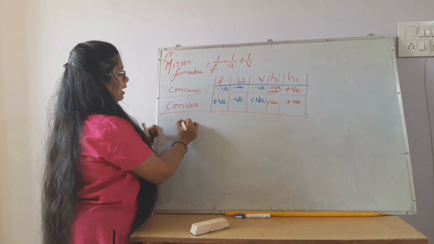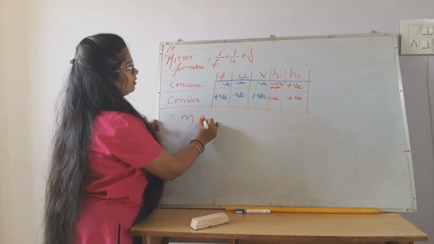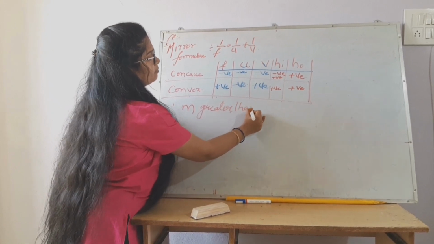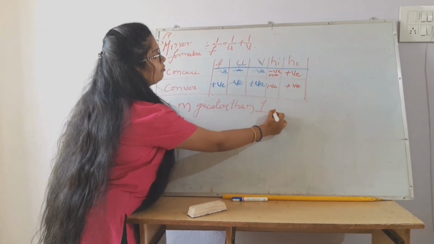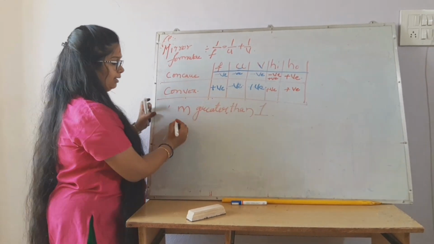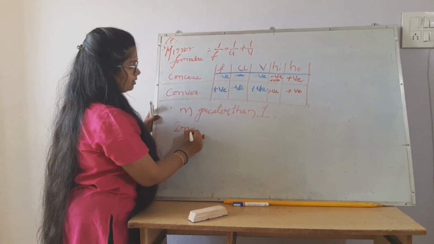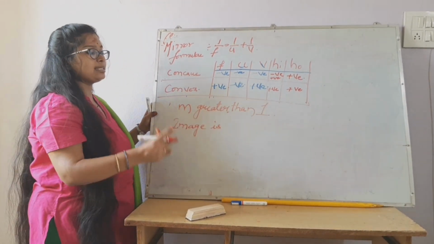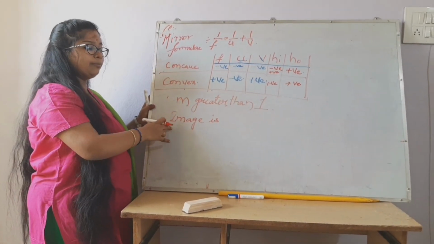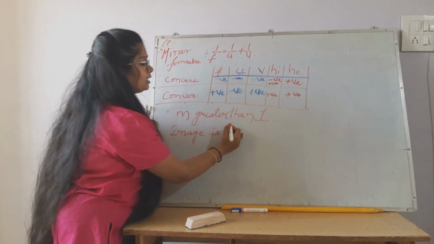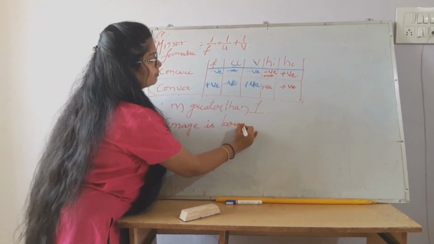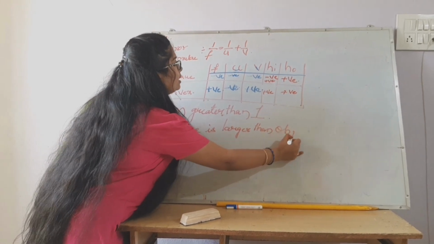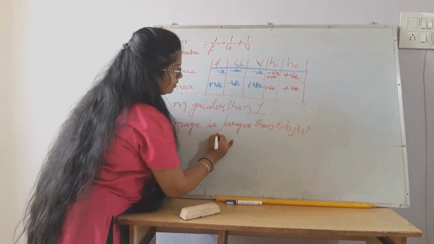Next, if M is greater than 1, then the image is larger than the object, bigger or enlarged.